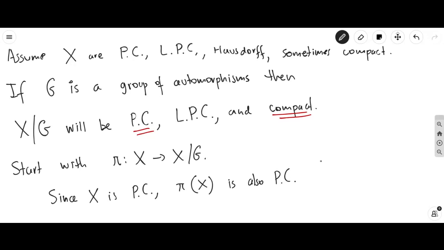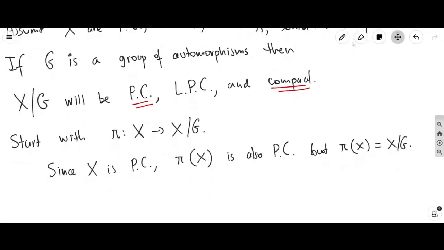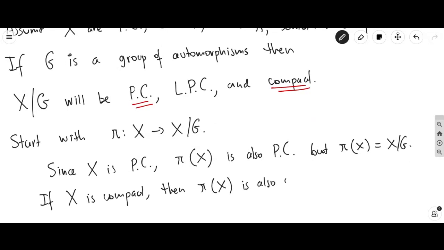You actually had that on your homework assignment, that if you push forward a path connected space, you get something that's path connected. But pi of X, the image of X, is exactly the quotient space, because this is a surjective mapping. And in the same way, if X is compact, then pushing forward a compact set gives you something that's also compact.